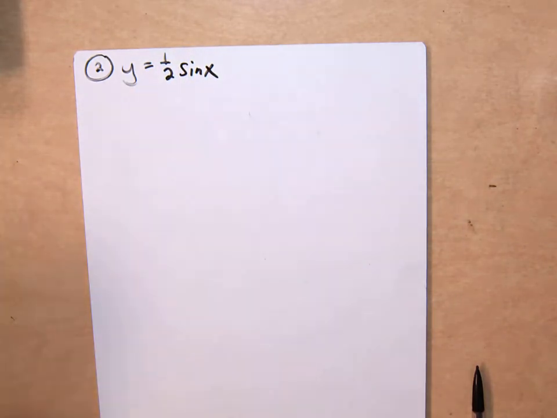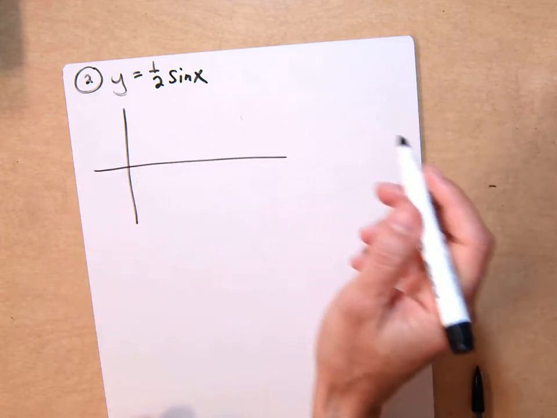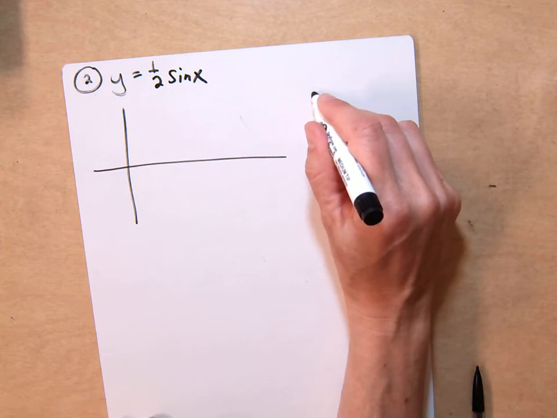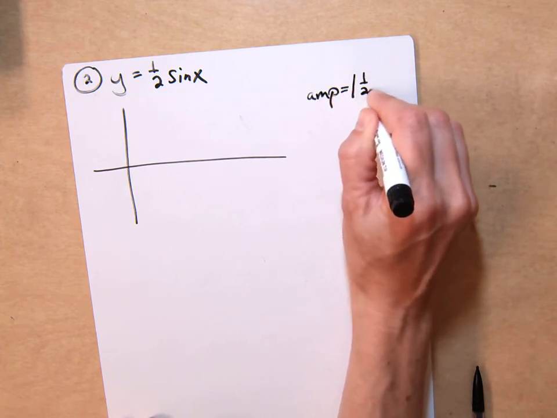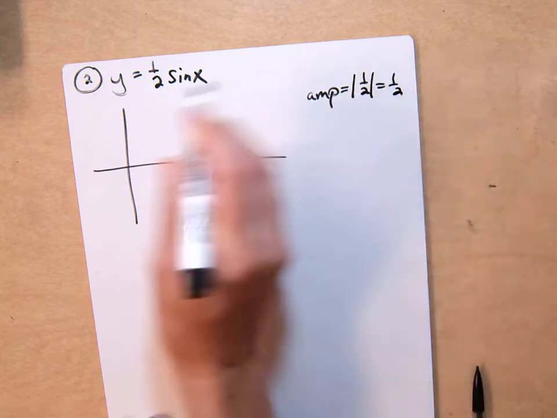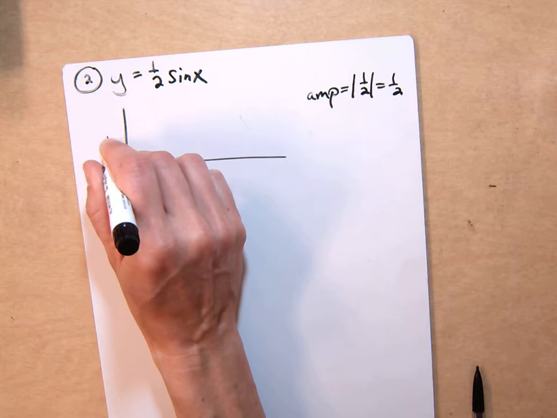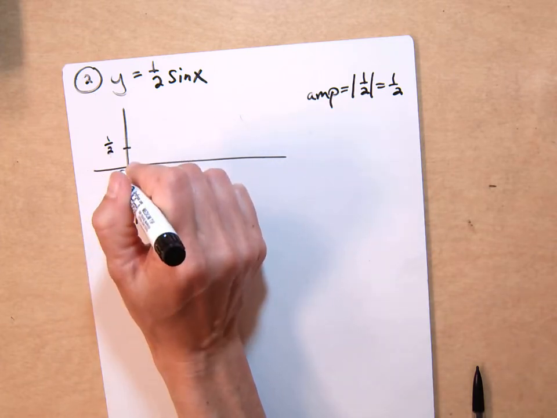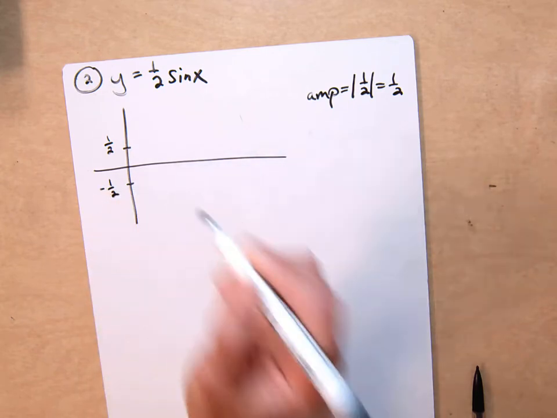So we're going to scale the y-axis first, so that we just always do the same thing. What's the amplitude? It's the absolute value of a, which is 1/2. So our highest point is 1/2, so I'm going to put that a little bit lower so that I can compare it to my others. So you're basically compressing it vertically because the amplitude is smaller.